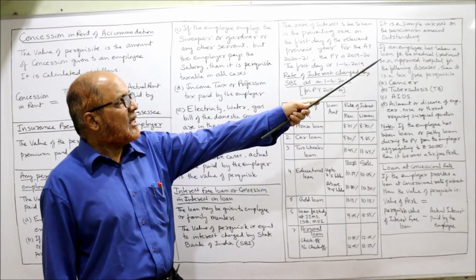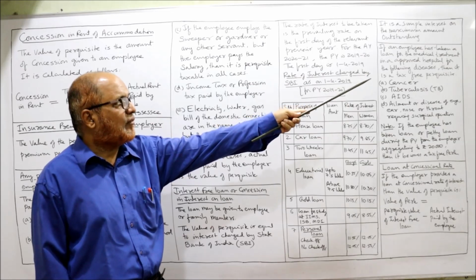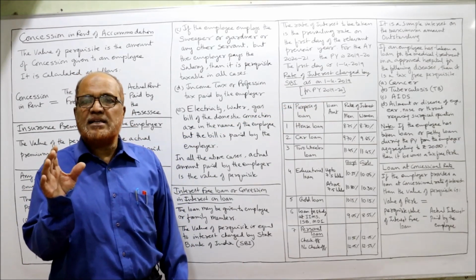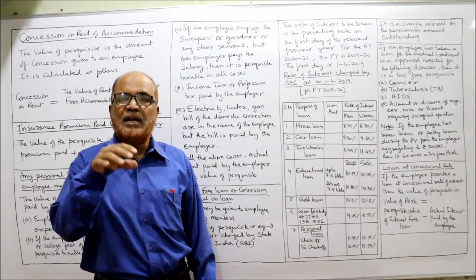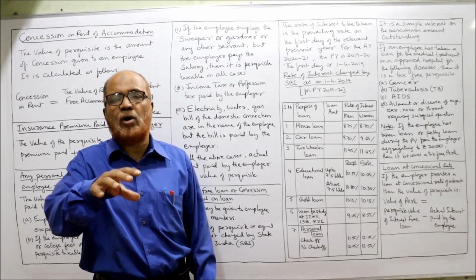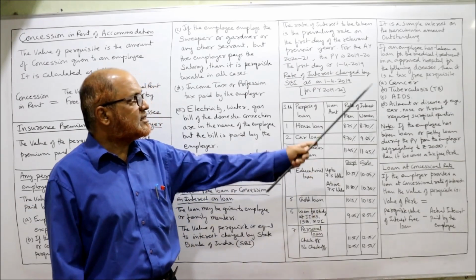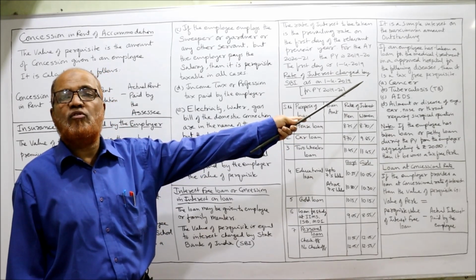Now, if an employee has taken a loan for medical treatment in an approved hospital for the following disease, then it's a tax-free perquisite. Income Tax Act says, if an employee has taken a loan for medical treatment of himself or the family member, and this loan is taken for medical treatment in approved hospital.